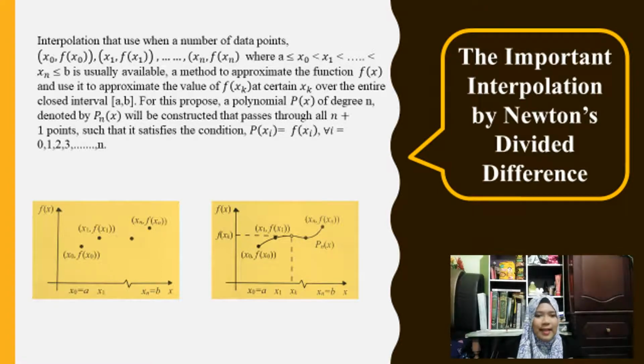As we can see in this video, we have two graphs, with f(x) axis and x axis, and this graph has four points.